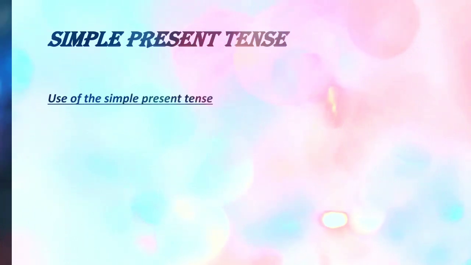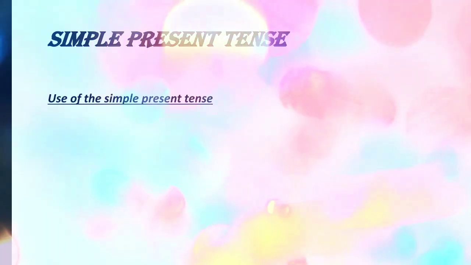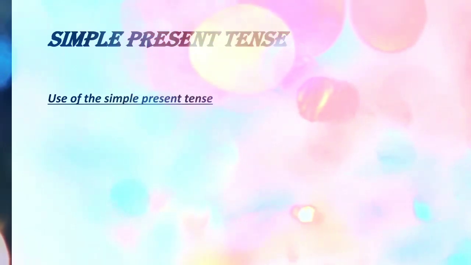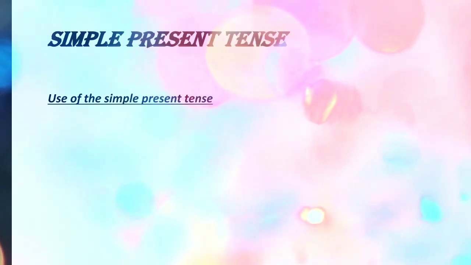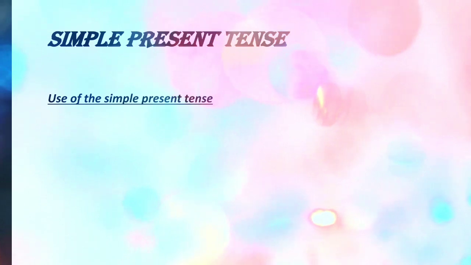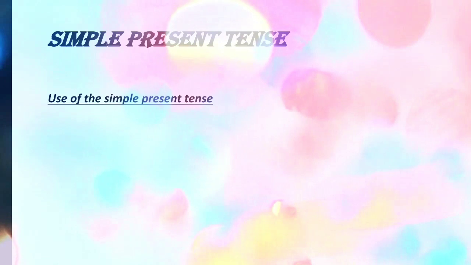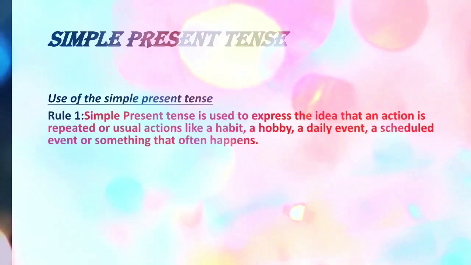Students, clear? Now to the next part of this tense, that is the use of simple present tense, meaning its function. We have to clear so many things, and along with it, we also have to clear what the function is, where we use this tense. Let's start with the first.